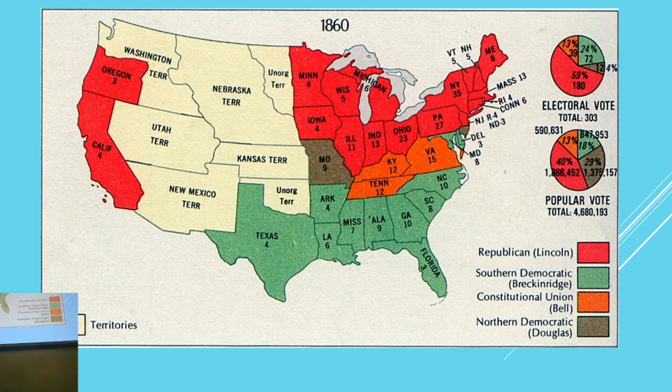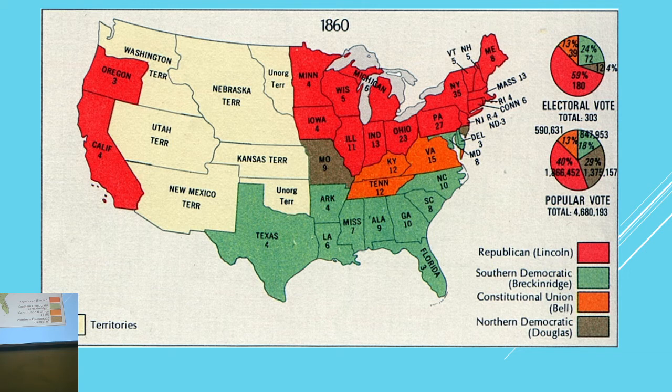But it is an amazing upset, right? A third party that wins the presidential nomination. And partly that's because it becomes increasingly sectional, right? The Southern Democratic Party is clearly a Southern party. The Constitutional Union Party, which is a few Whigs and others, is really a kind of Southern Whig party.